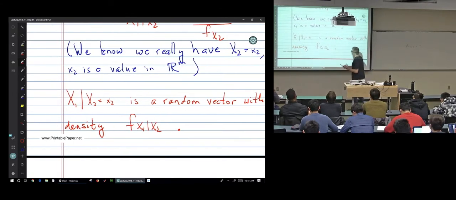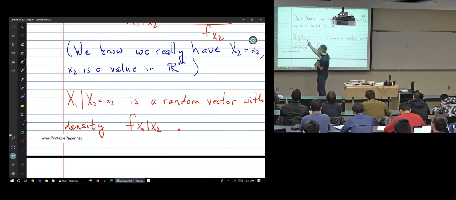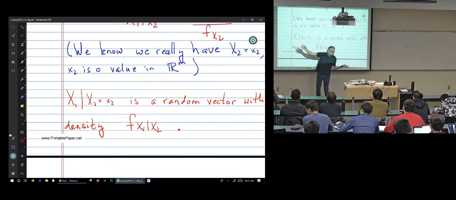And the key thing is, just because I measured the second component doesn't make the first component no longer random. It's still random. It's still uncertain. It still has a mean and it still has a spread, but that mean has shifted because I've made a measurement related to it, unless they're uncorrelated or independent.